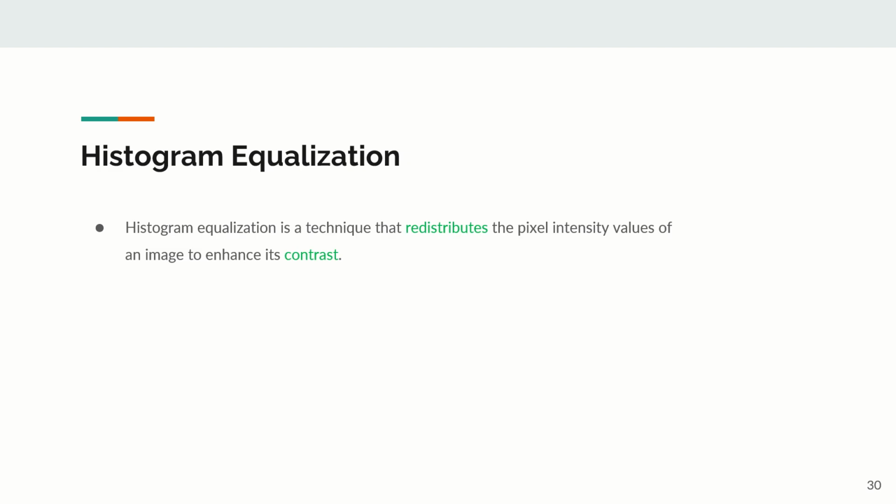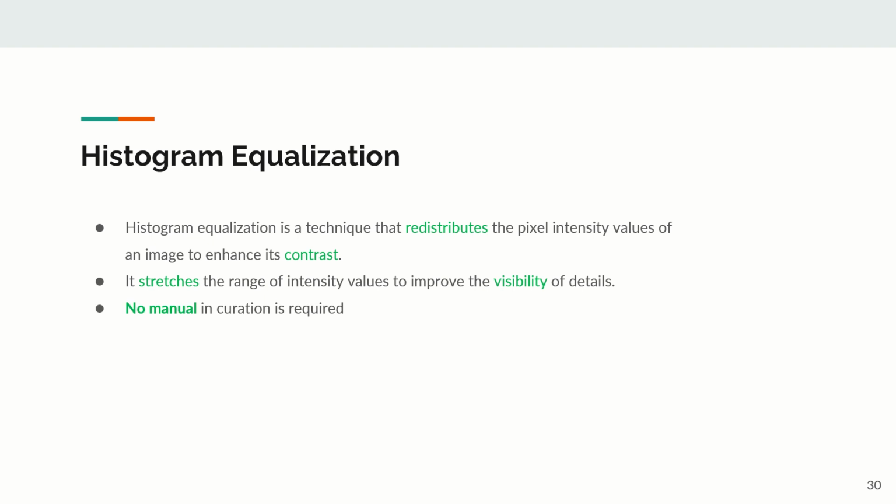The goal of histogram equalization is the same as that of histogram stretching, that is, to distribute different levels equally. But the beauty of the technique is that it does the job automatically. No manual input is required, you just have to follow a sequence of steps and the result is a well-formed image.